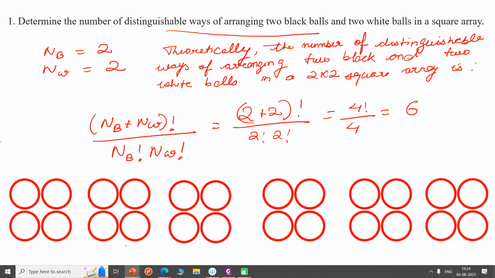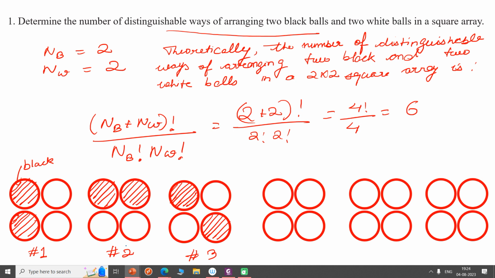Okay, so first configuration, I'll have black like this, and black also. So this is my configuration 1. The second configuration I might have, let's say, black here. Configuration 2, crisscross. This is configuration 3.